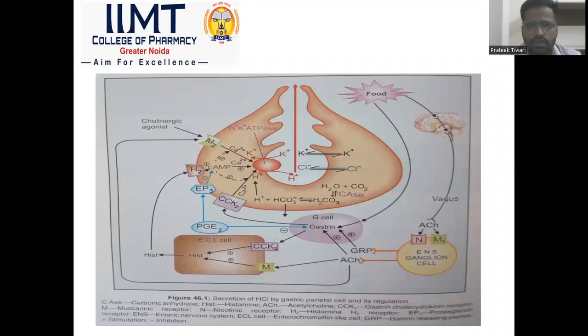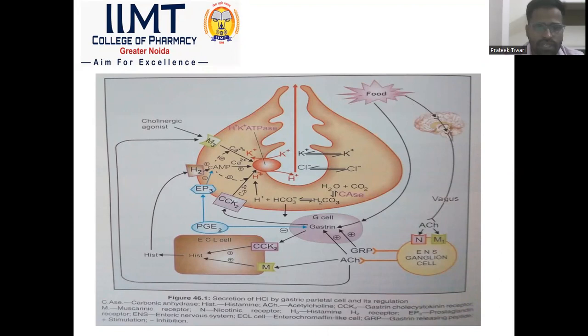There are different pathways followed for the secretion of gastric acid. First, when we take food, it goes into our stomach. In the stomach wall there are various receptors such as chemoreceptors.